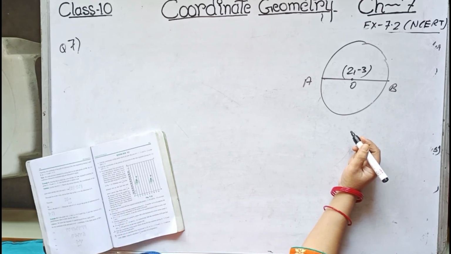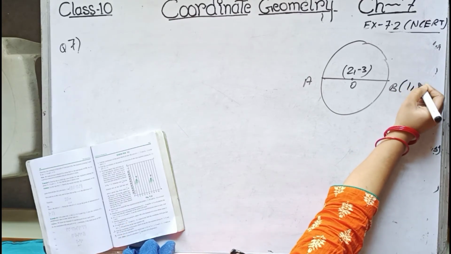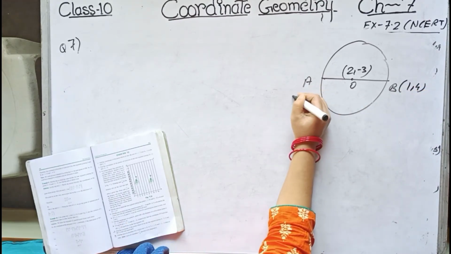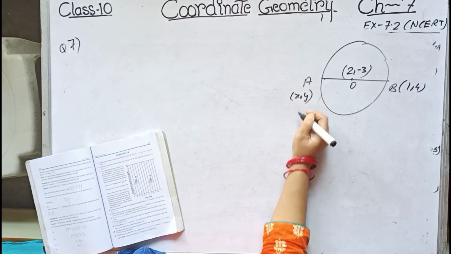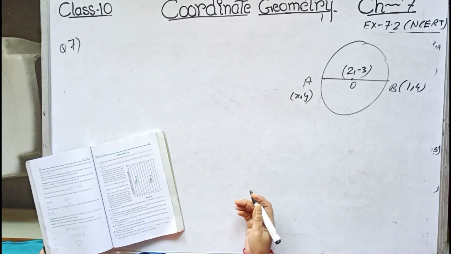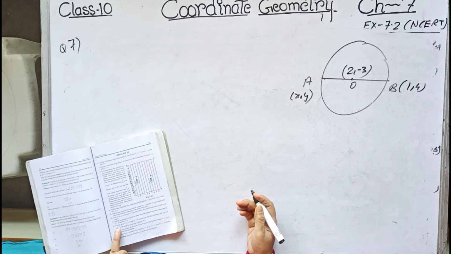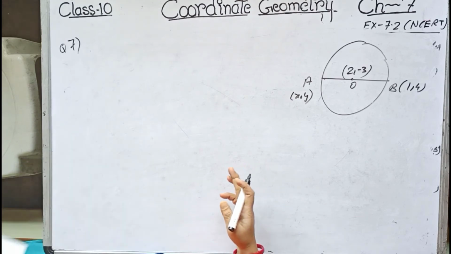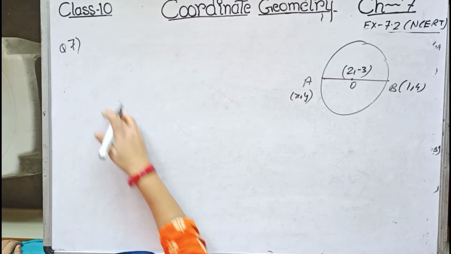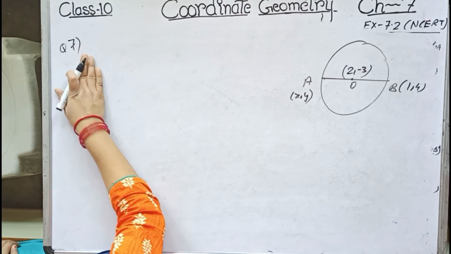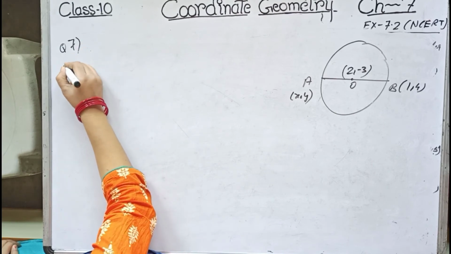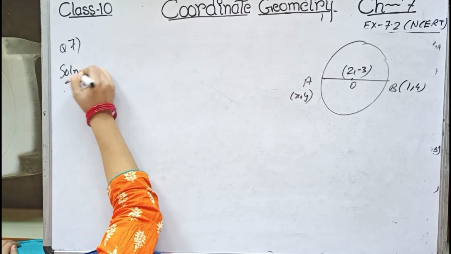B is (1, 4), and let us suppose what we have to find is (x, y). So we have to find the coordinates of the point A. I'm leaving the question, please write it on your own. Direct solution I am writing.